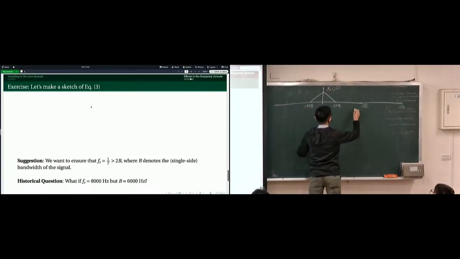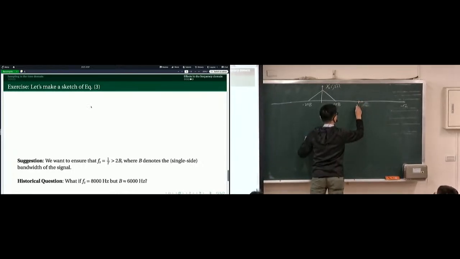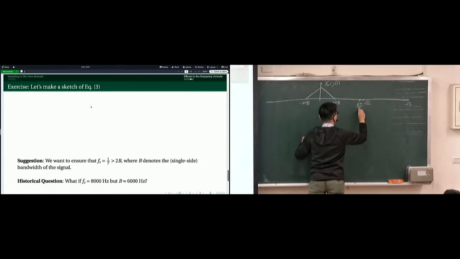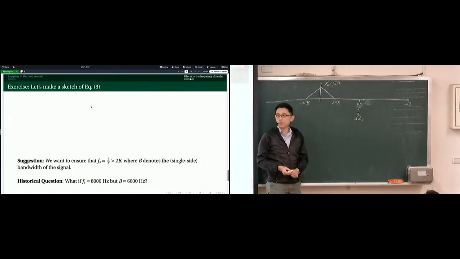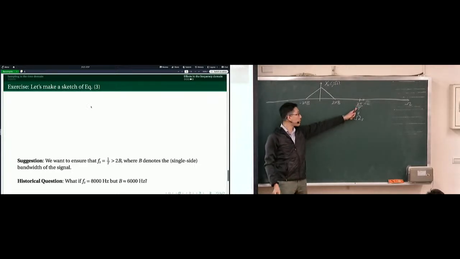So let's assume that this is 2 pi divided by T, which has been denoted as big omega sub s, the sampling frequency in radians per second. Okay? So far, so good? So let's assume that the sampling frequency in radians per second is right here.